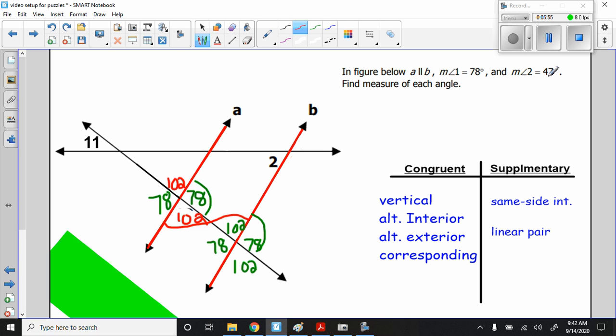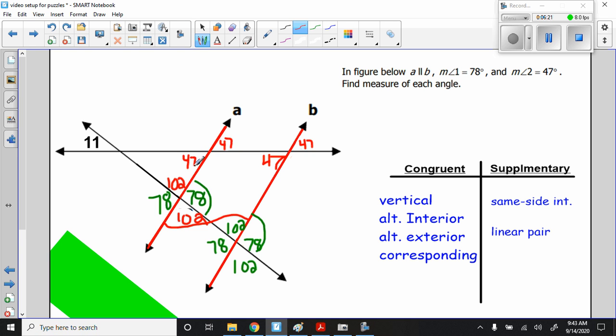Okay, so now I'm going to go to angle 2, and I'll put that 47 in there. And I can do the same exact thing on this section that I did with this section. Vertical, top right, 47.